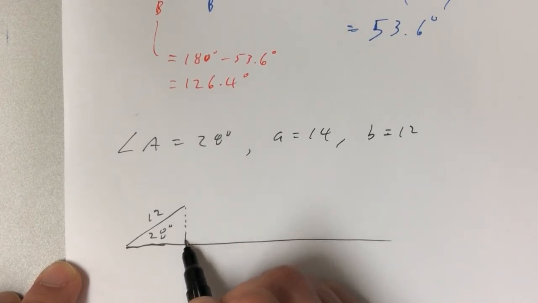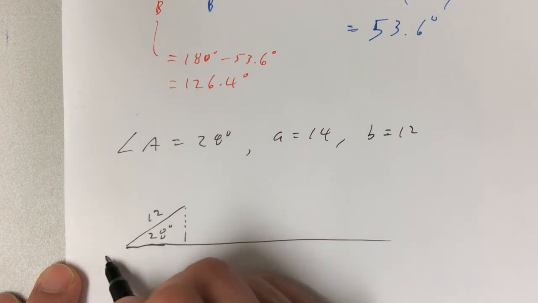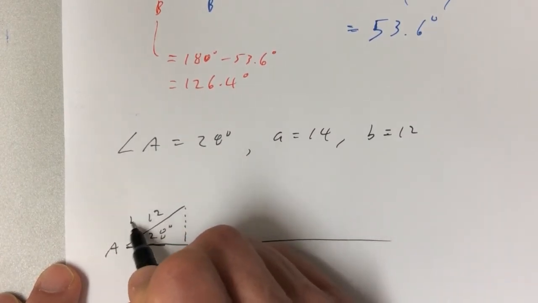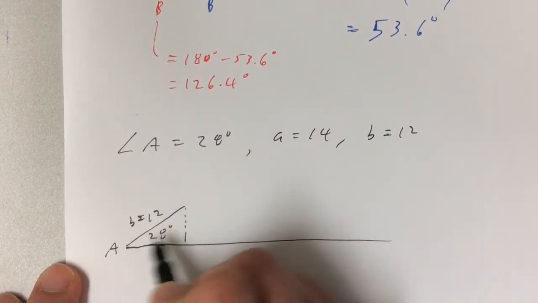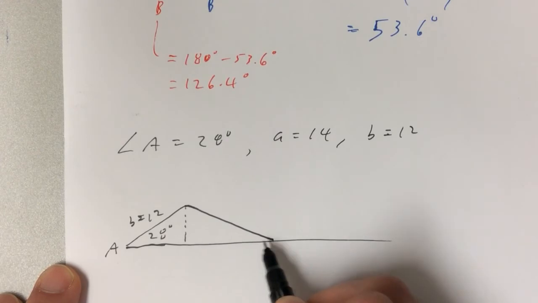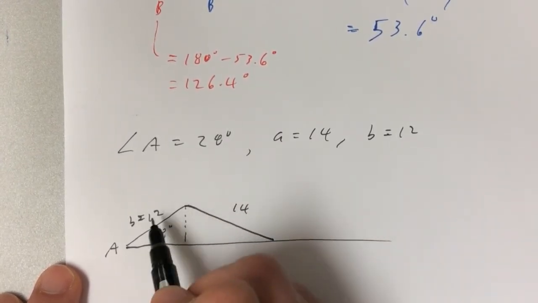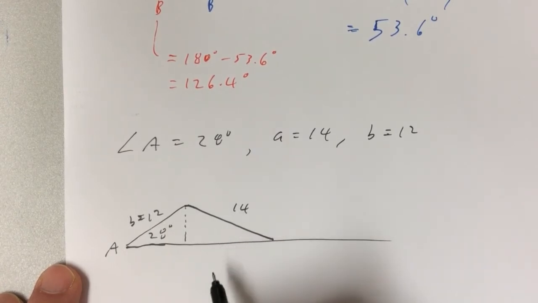And that's the line straight down. Okay? But this side over here, side A, is now 14. It's bigger than 12. So it's going to go like that. 14. And because this side is longer than 12, we can only have one triangle again.